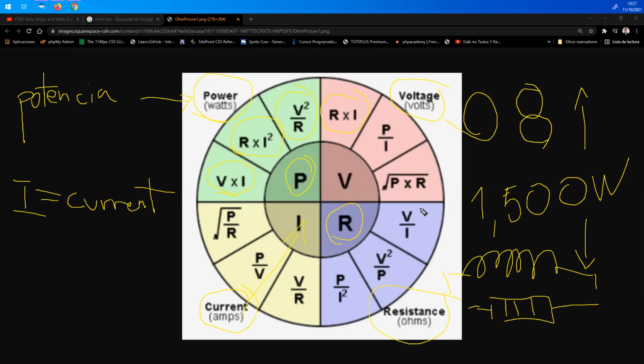Okay, so for the resistance, I have voltage divided current. As for this, I have voltage 2 times divided power, potencia, ¿verdad? Or I have power divided current 2 times the current, okay? Tengo aquí unas ecuaciones, ¿verdad?